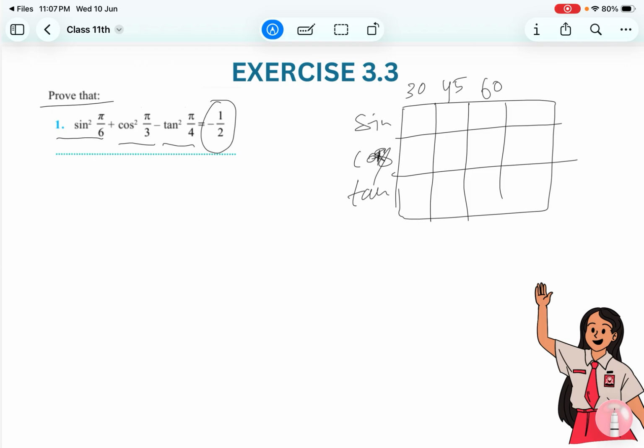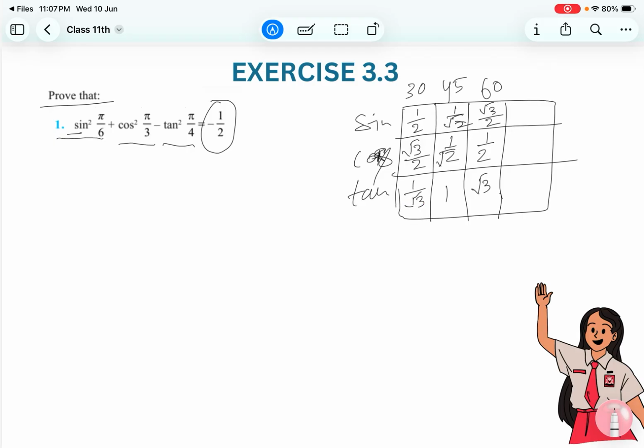So sine is 1 by 2, 1 by root 2, root 3 by 2. Cos is root 3 by 2, 1 by 2, 1 by root 2. And tan is 1 by 2 over root 3 by 2, the 2 cancels, so it is 1 by root 3, and for 45, root 2 cancels 1, and for 60, the 2 cancels, root 3, right?